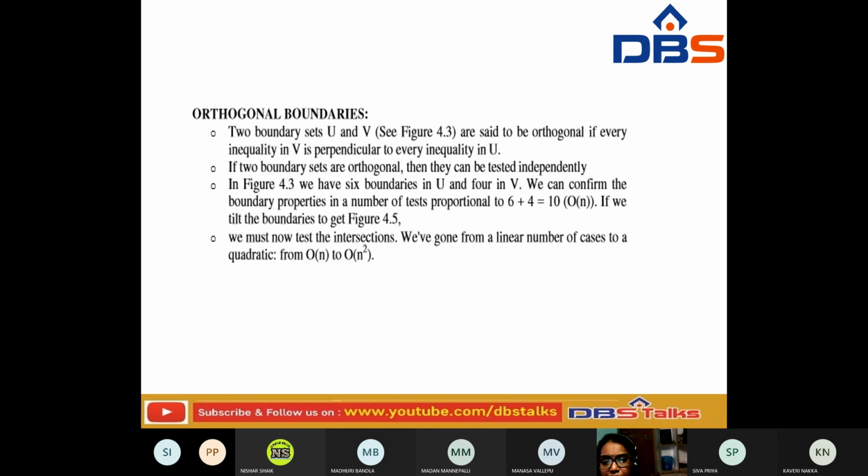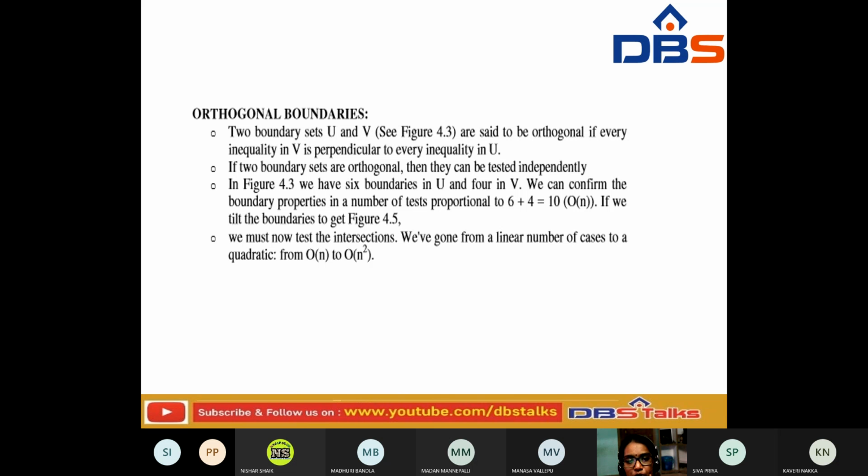So if two boundary sets are orthogonal, then they can be tested independently. It cannot be tested dependently, it can be tested independently. If you have observed the figure in the next slide, the boundaries, we have 6 boundaries in U and 4 in V. We can confirm the boundary properties, and the number of tests is proportional to 6 plus 4, that is 10.